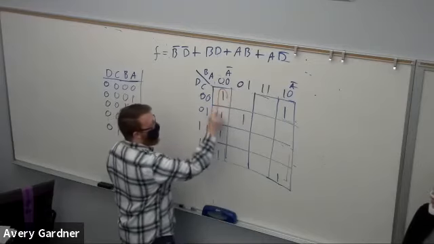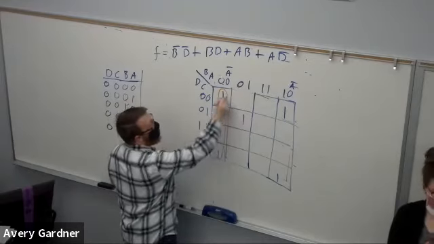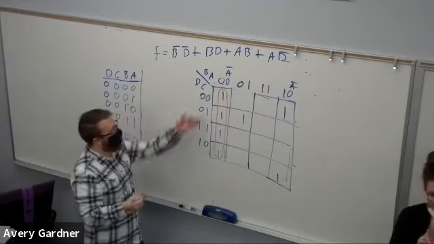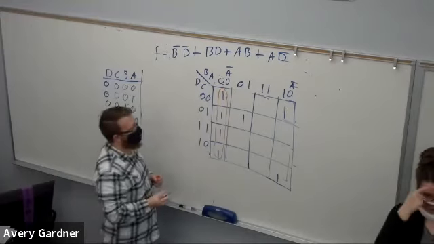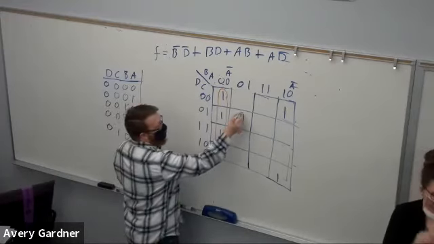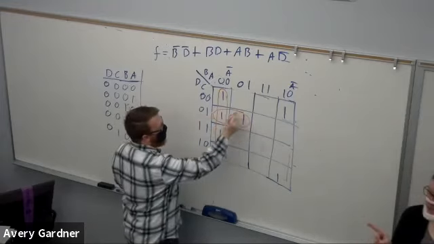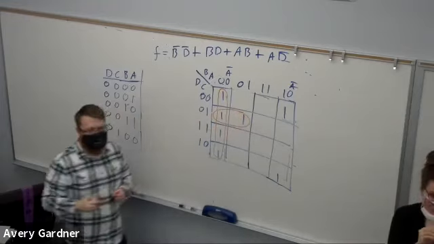So the first one, vertical column, we like vertical columns because they're easy to write the expression for. The next easy one is horizontal, second row down.